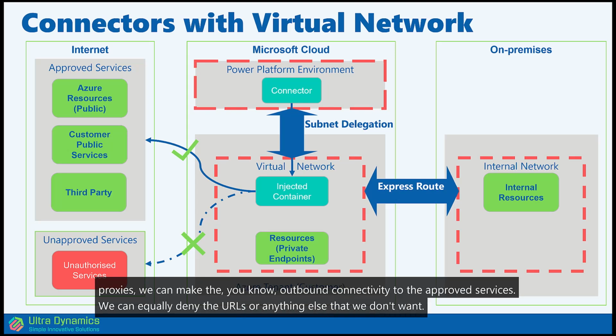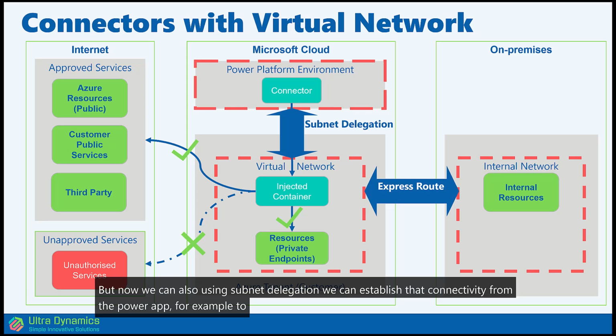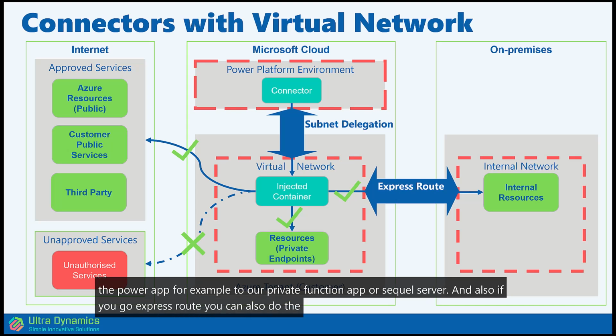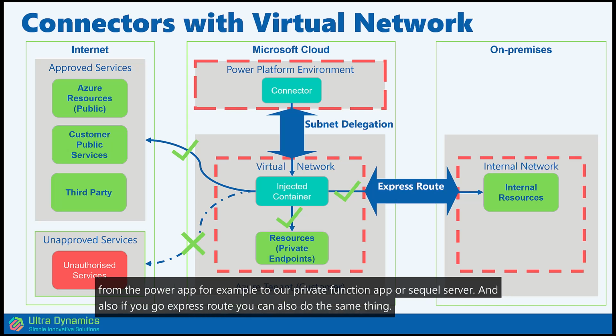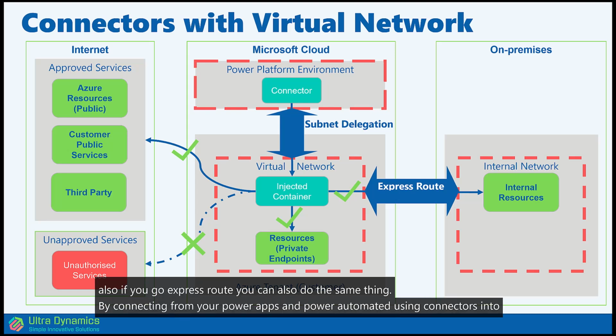But now, using subnet delegation, we can also establish connectivity from the Power App, for example, to our private function app or SQL Server. And also, if you go ExpressRoute, you can do the same thing by connecting from your Power Apps and Power Automate using connectors into your internal network.